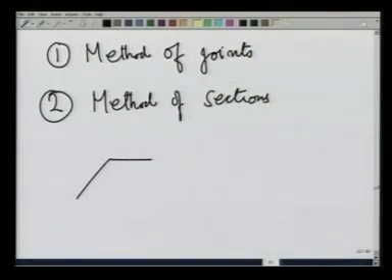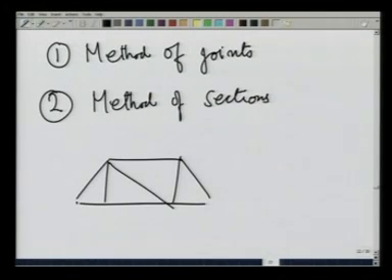So, if I have a truss like this, and it is loaded here, then we start with a point where the load is and see how that point is in equilibrium. That gives us the forces in the various members connected with that point in terms of the applied load.